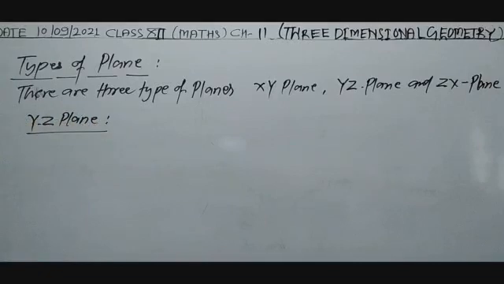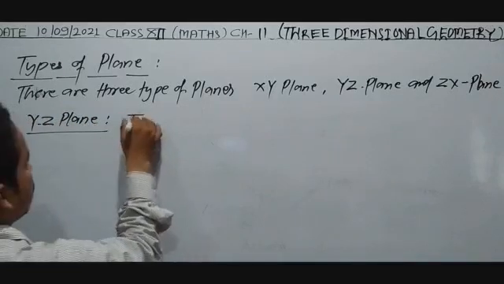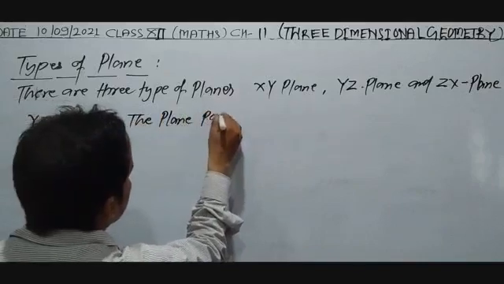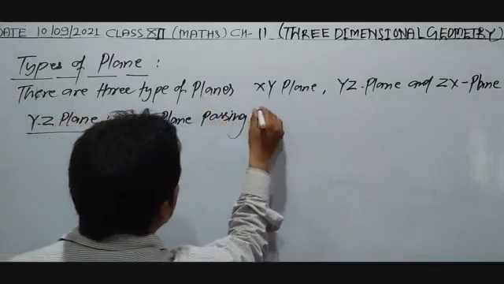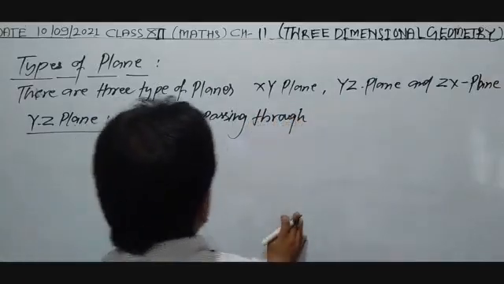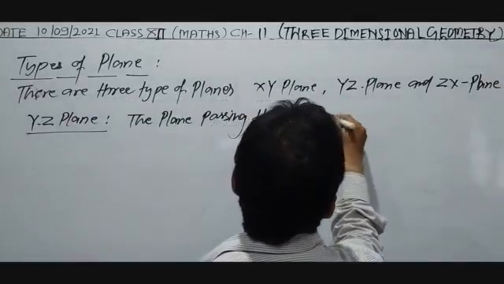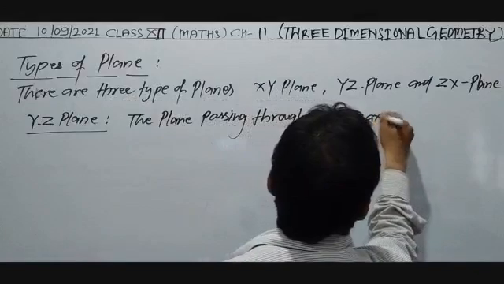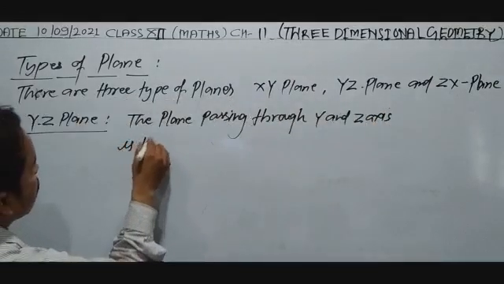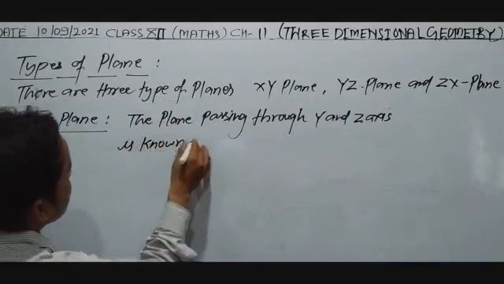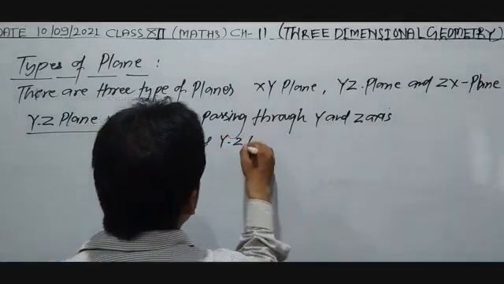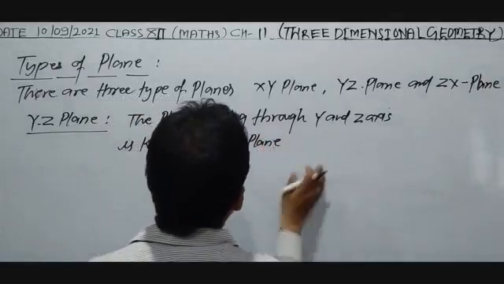The plane passing through the y and z axes is known as the YZ plane.